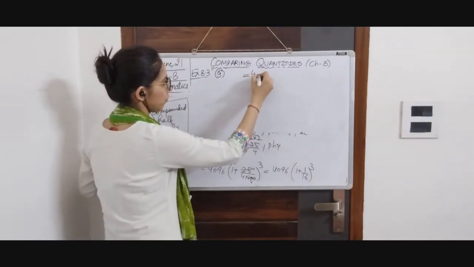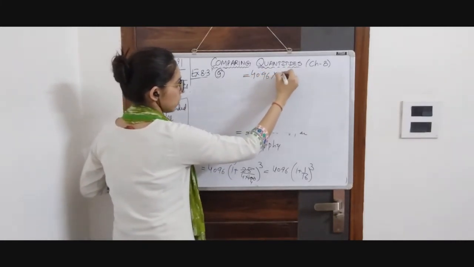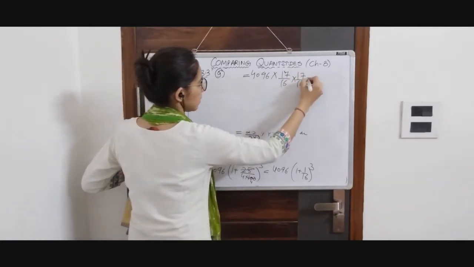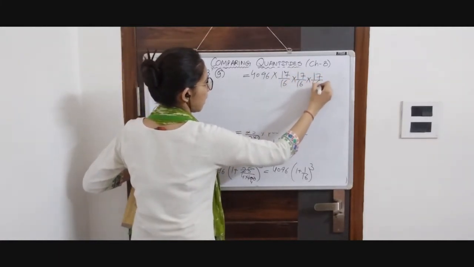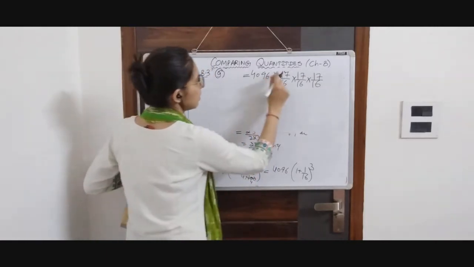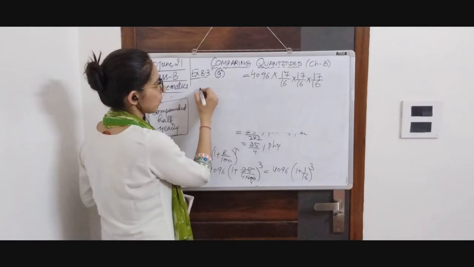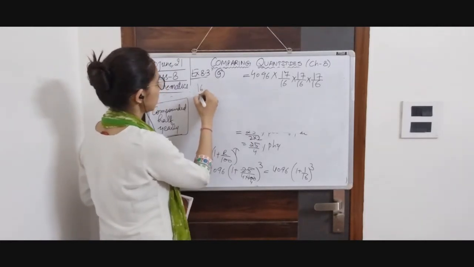It is equal to 4096 into 17 by 16, 17 by 16, 17 by 16. 16 to the power 3 is going to be this. Okay, you can check.